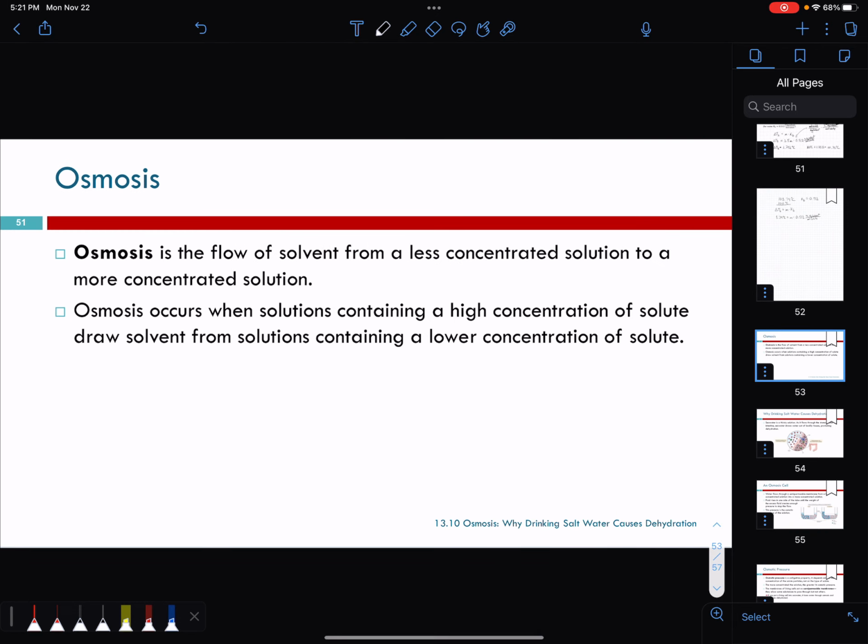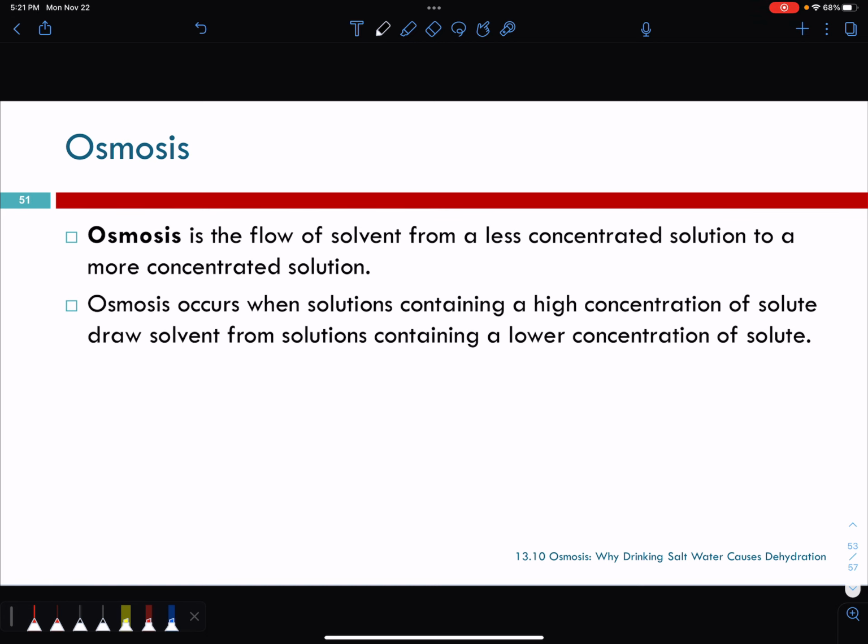All right. Osmosis. Should be familiar if you've taken much biology. Osmosis is the flow of solvent from a less concentrated solution to a more concentrated solution. Osmosis occurs when solutions containing high concentration of solute draw solvent from solutions containing lower concentrations of solute.